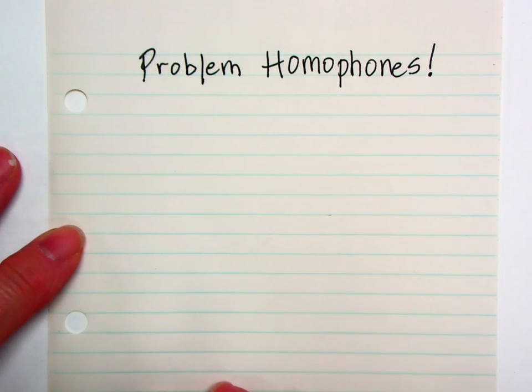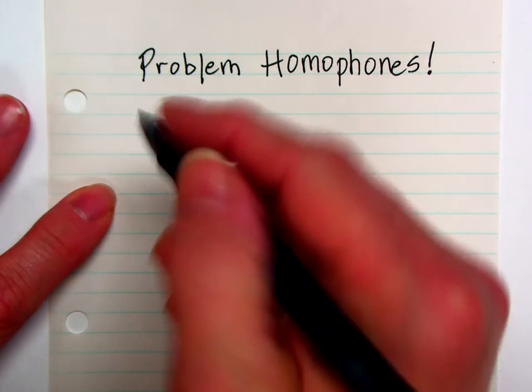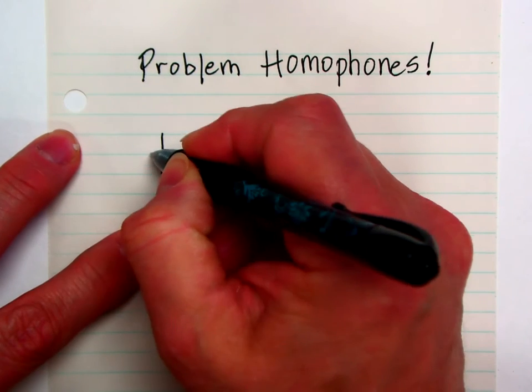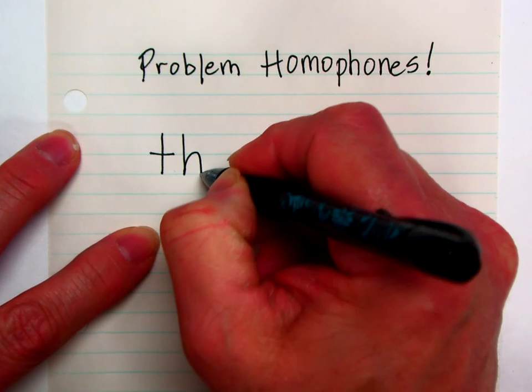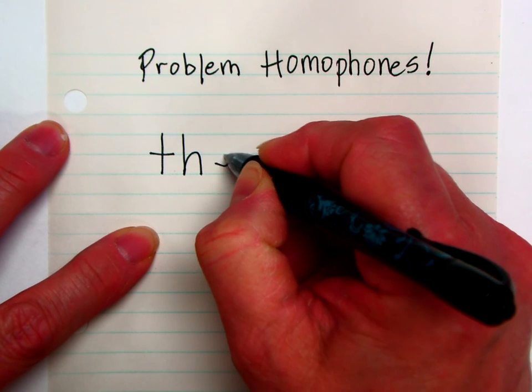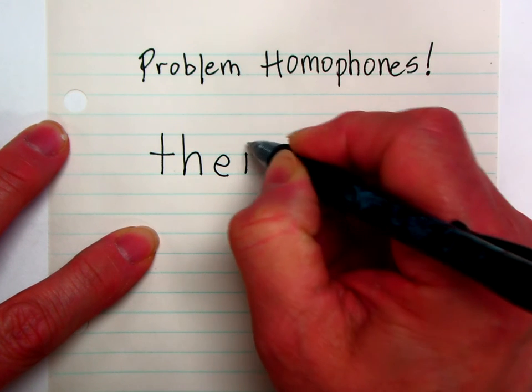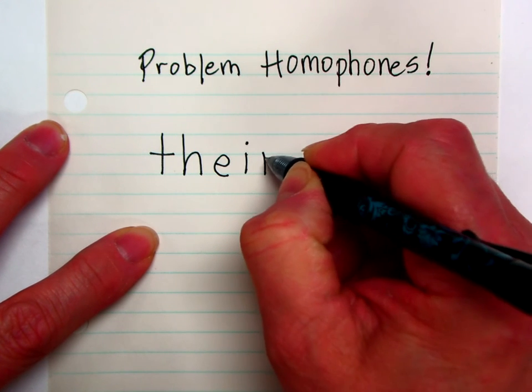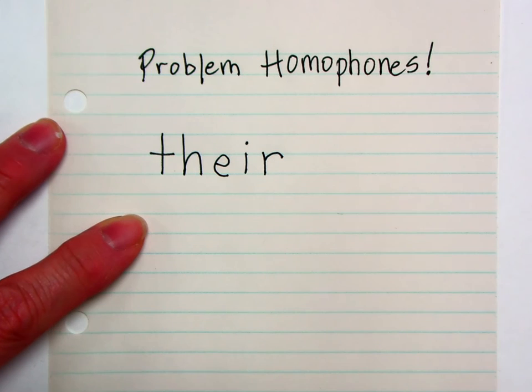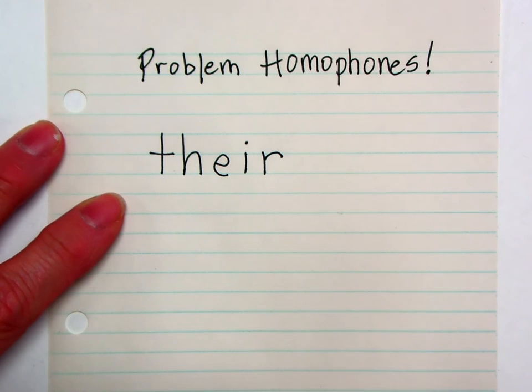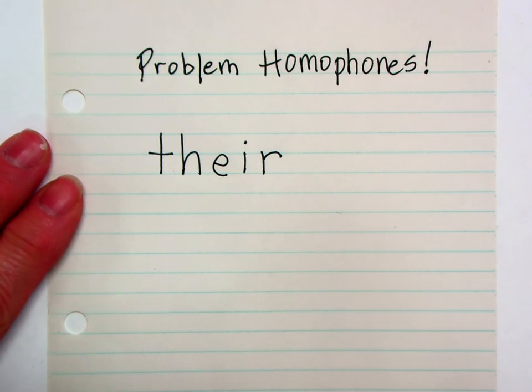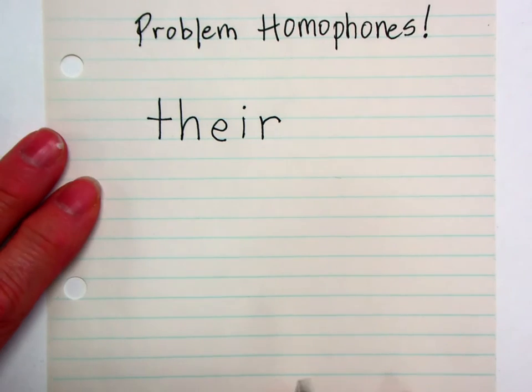We're going to start with the word there that is spelled T-H-E-I-R. And I want you to write it nice and big, 2 lines tall, nice and neat, and put a little bit of space between the letters.